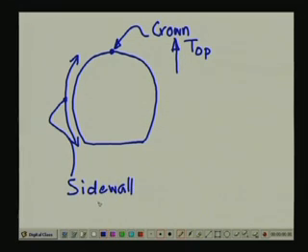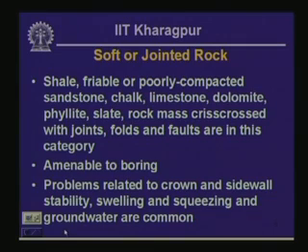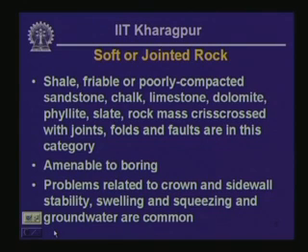Okay, so we are likely to have some problems of rock stability of rock mass near the crown and side wall if the tunnel is to be constructed through soft or jointed rock. Now, we are going to look at the problems that are typically encountered in greater detail as we run through this lesson.